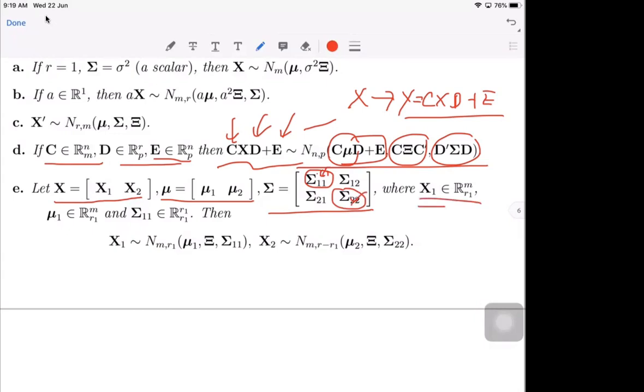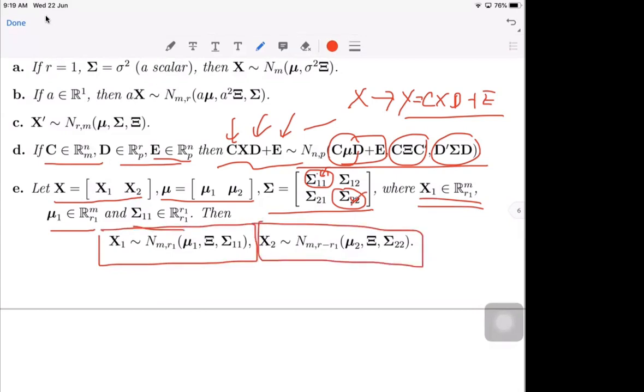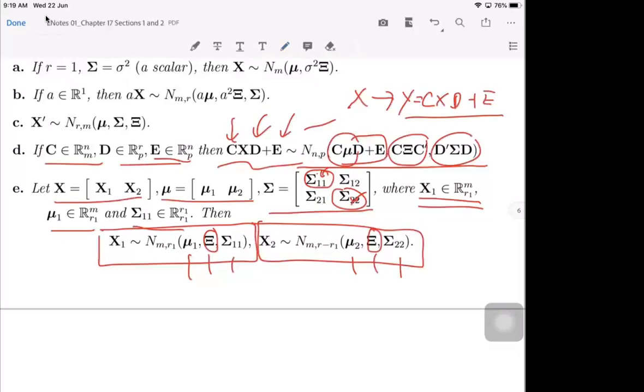So this is the dimension of your x1 and mu1. Then you have two marginal distributions. It is still normal, but the parameters are equal to this. So the psi retains its covariance value.